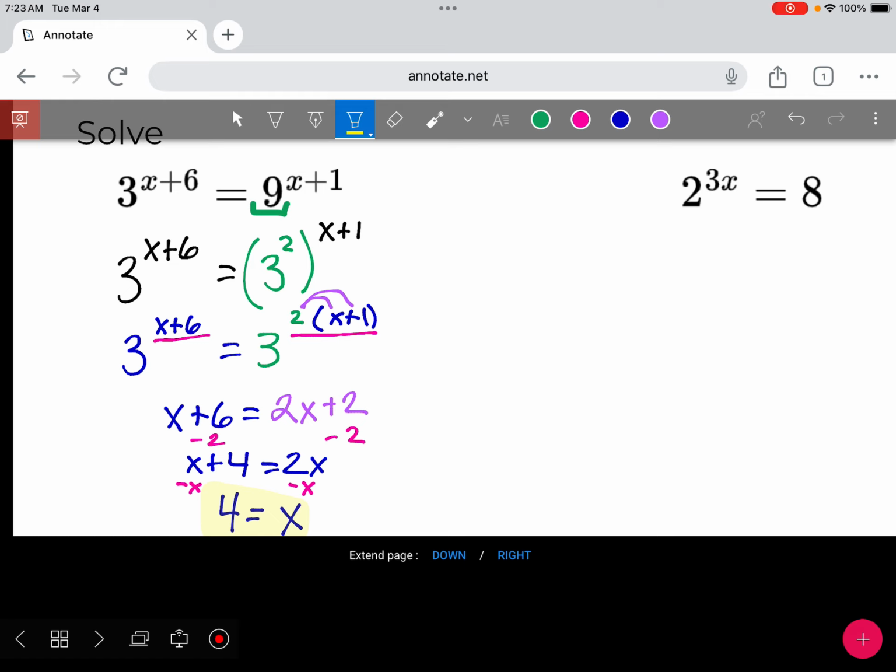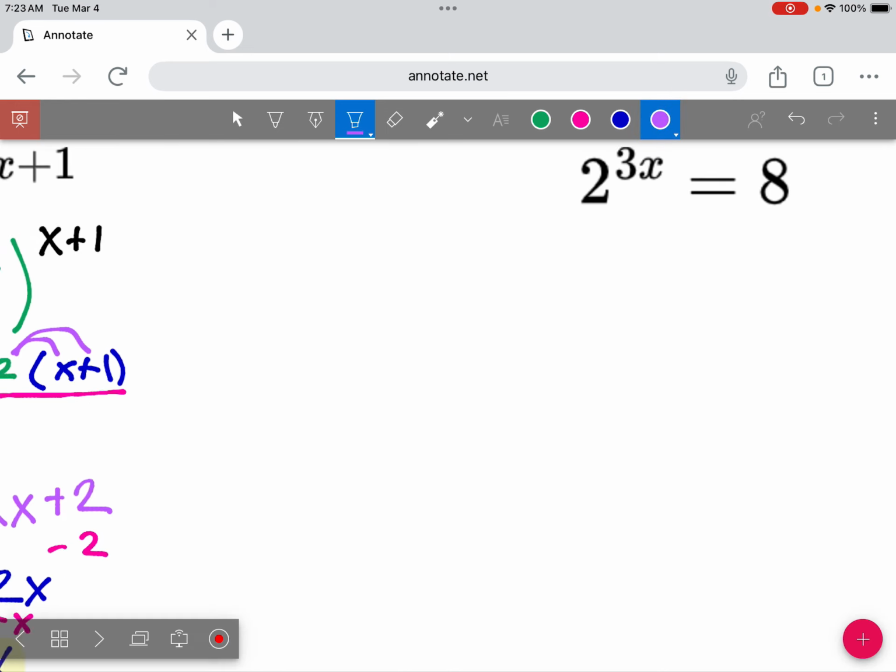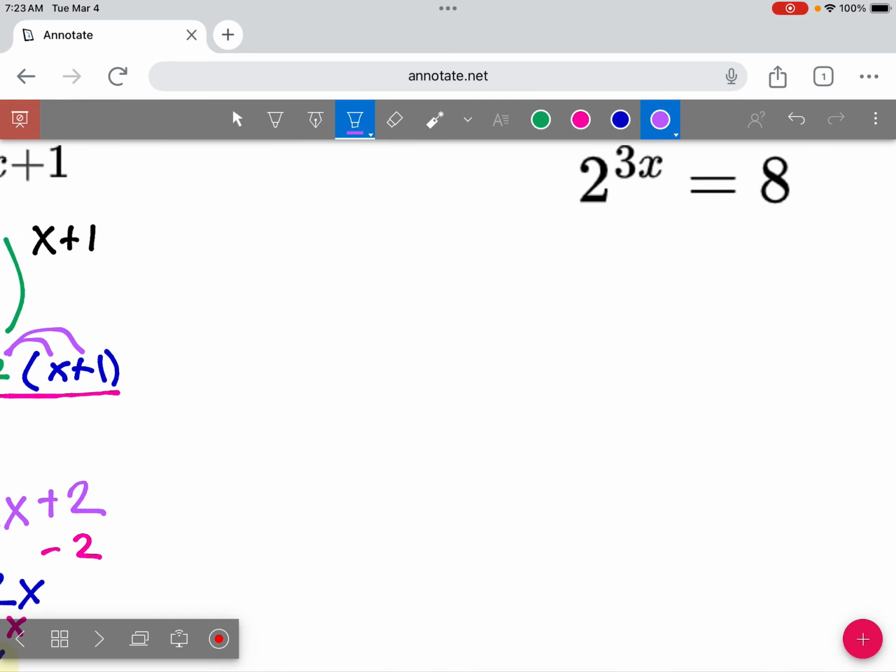Questions on that one? Because that's what we did yesterday. Very similar vibe on the right. How can we change the one on the right so that they match up so that we can work through stuff? 2 cubed. Yeah.